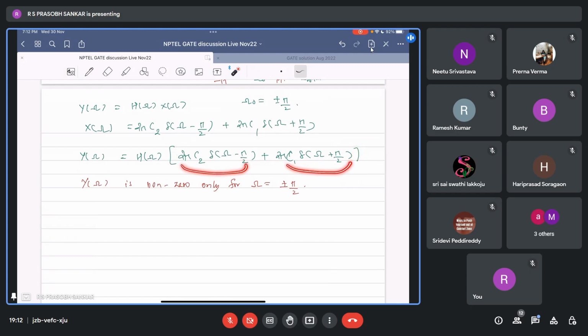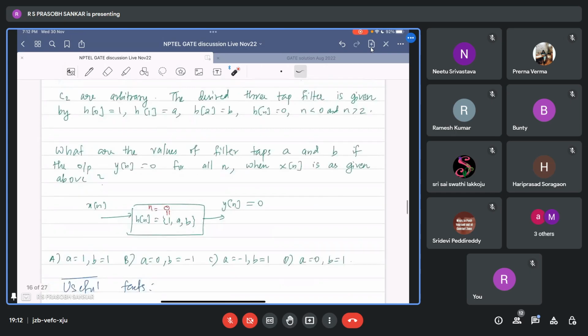This term will be non-zero when omega equal to pi by 2, and this will be non-zero when omega equal to minus pi by 2. So it doesn't matter what is here, as long as these two are the input frequencies. We only need to worry about the output Y of omega at omega equal to plus or minus pi by 2.